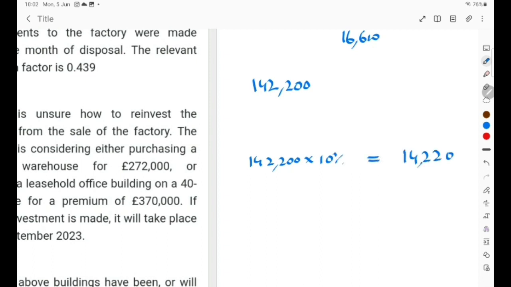So it will be 14,220. And remember, if you choose business asset disposal relief, then you are sacrificing the unused basic rate band. No doubt this person has taxable income of only 12,000, and she has an unused basic rate band. But as a result of choosing business asset disposal relief, that would be sacrificed, and the other gain of 16,600 is to be taxed at 20%.